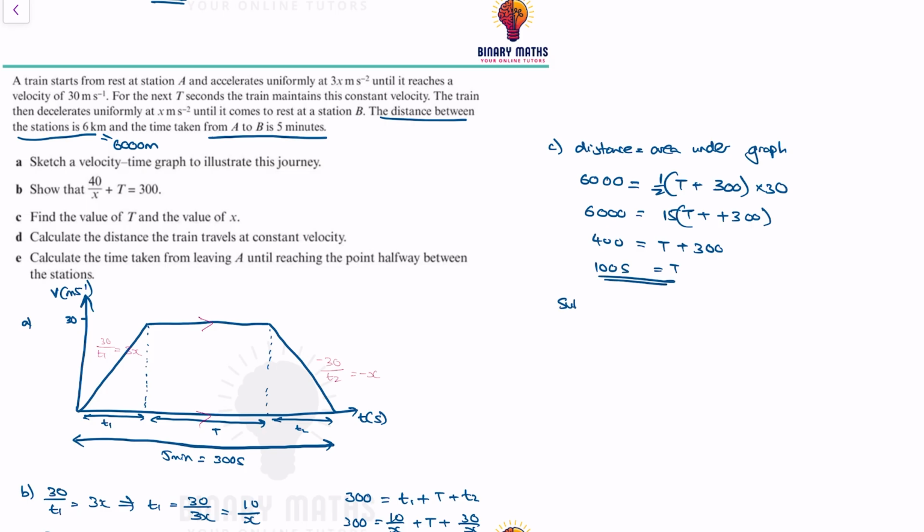So substitute t equals 100 into 40 over x plus t is equal to 300, which means 40 over x plus 100 is equal to 300, which means 40 over x is 200. So x is equal to 40 over 200, which means x is equal to 0.2 meters per second squared.